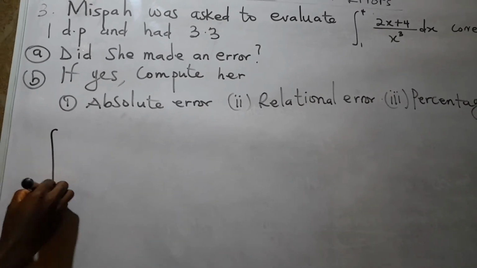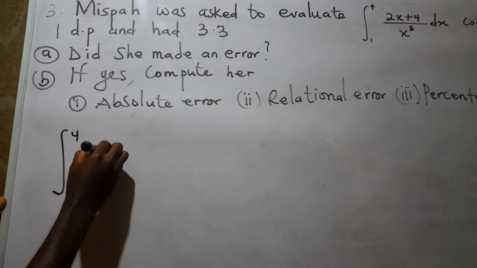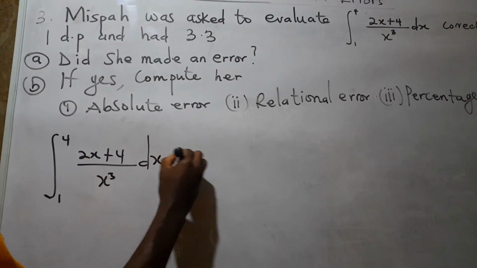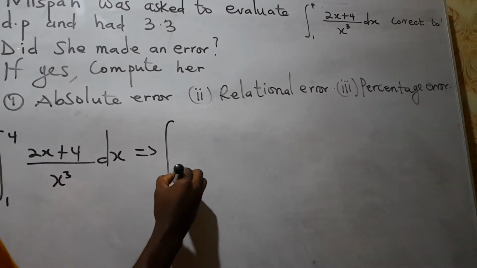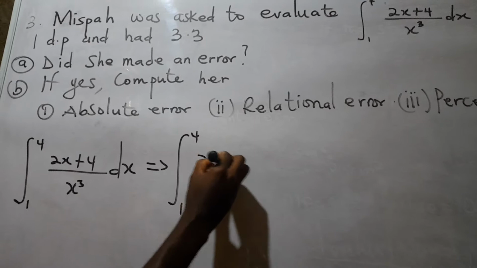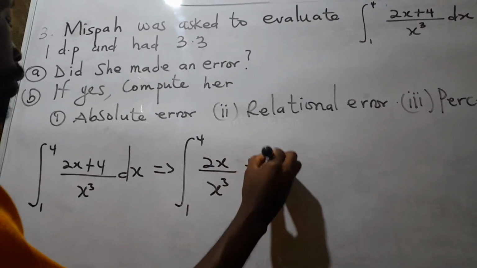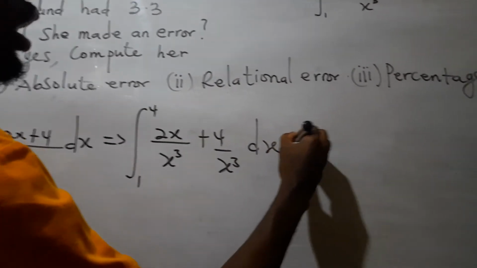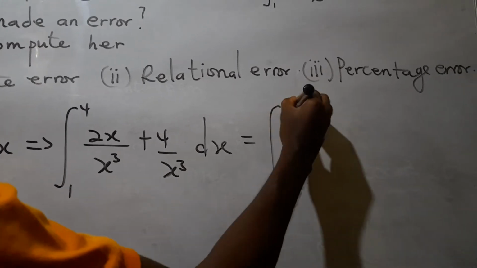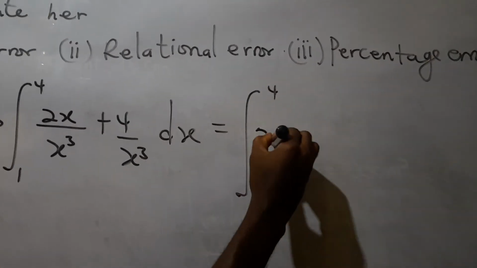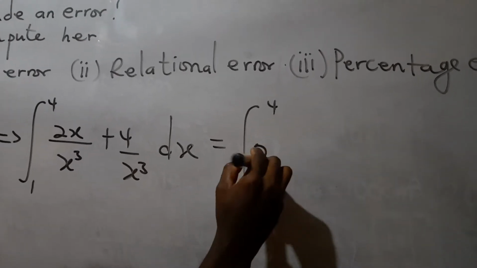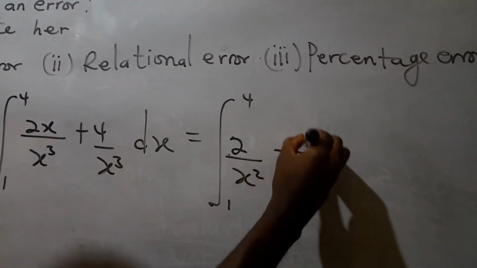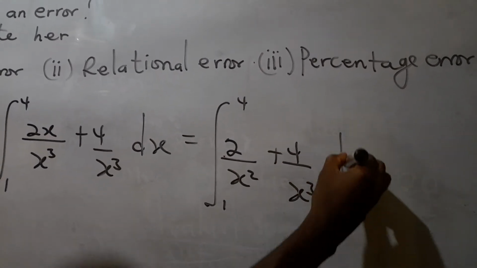So the integral spanning from 1 to 4 of 2x plus 4 over x cubed dx. This can be rewritten as the integral from 1 to 4 of 2x over x cubed plus 4 over x cubed dx, which we can rewrite again as the integral from 1 to 4 of 2 over x squared, since this x will divide one of these, plus 4 over x cubed dx.